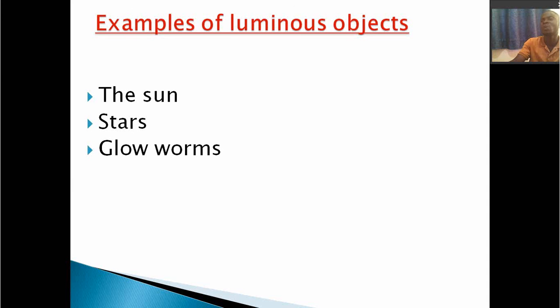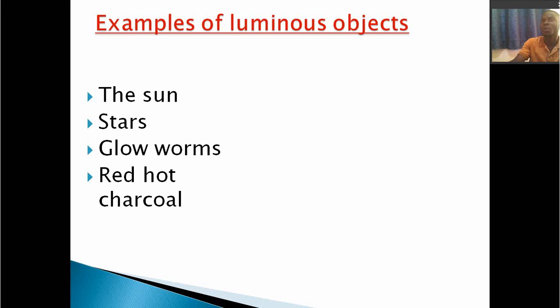Then we have the glowworms, which are also luminous objects because they emit light on their own. Then we have the red hot charcoal, the charcoal that we use at home for cooking. This charcoal is also an example of a luminous object because it emits light when hot.